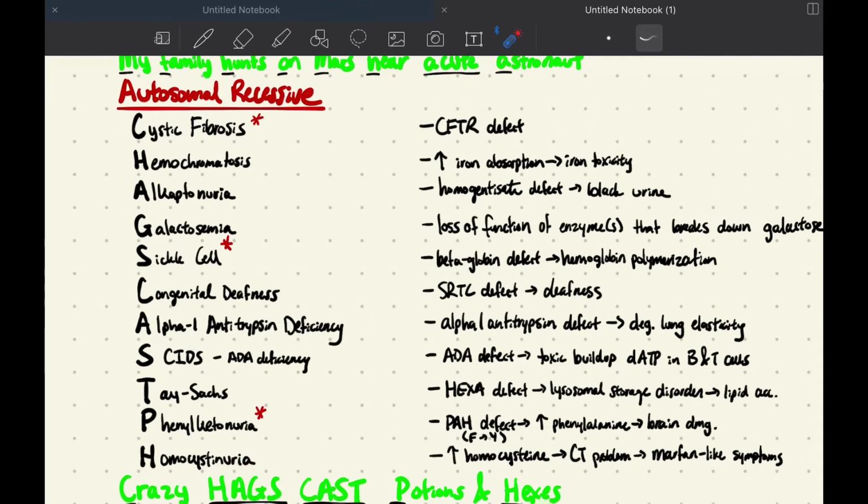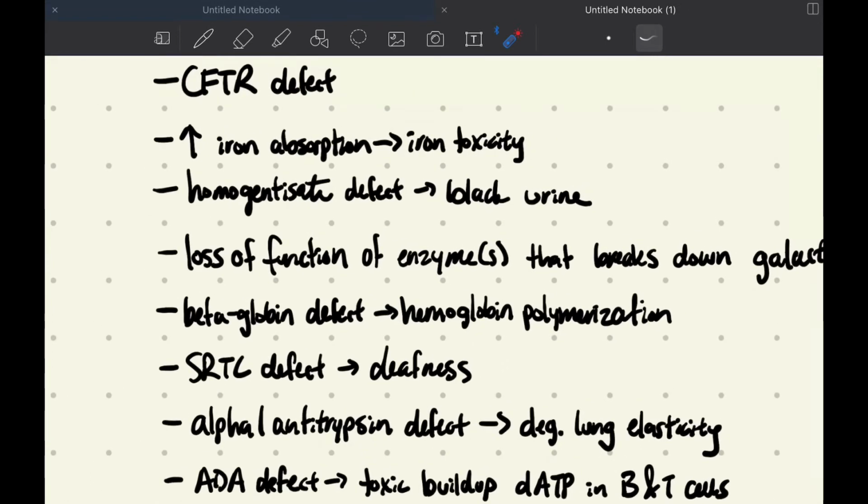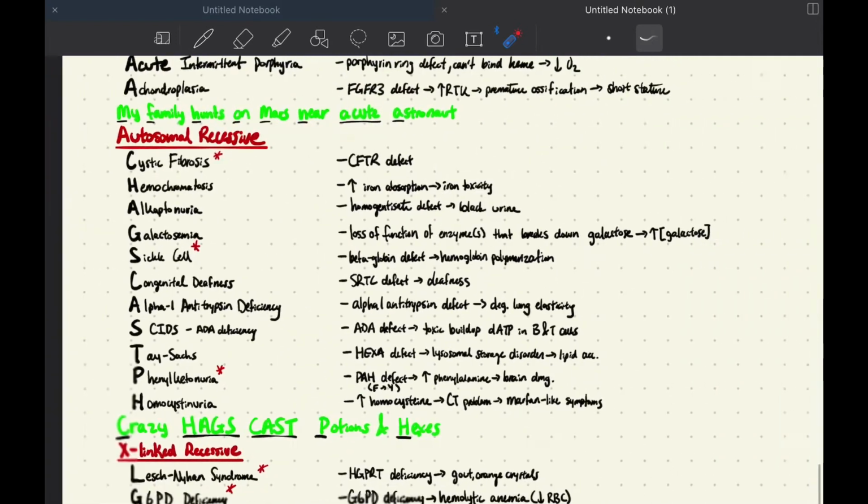A corresponds with alkaptonuria, which is a defect in the enzyme homogentisate oxidase, and that is going to lead to certain proteins not breaking down. You don't really have to know them, and that leads to your black urine.